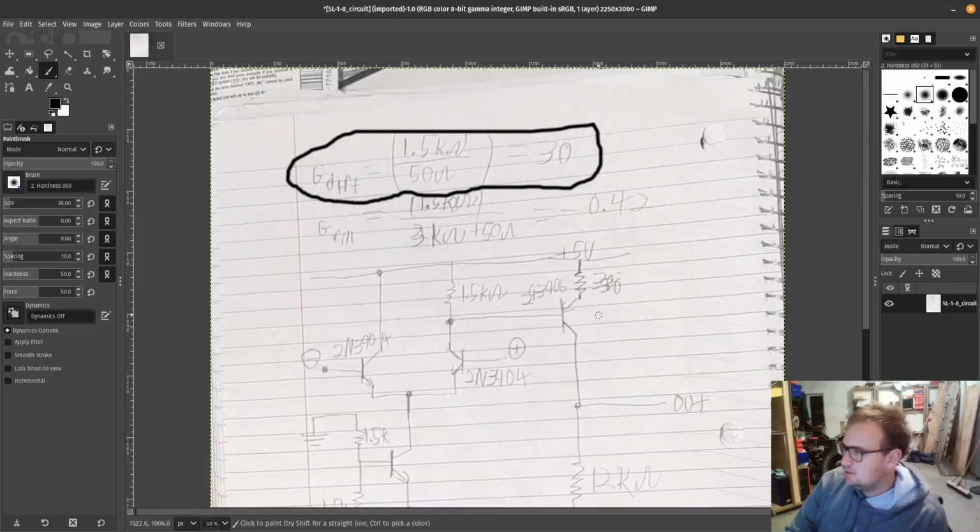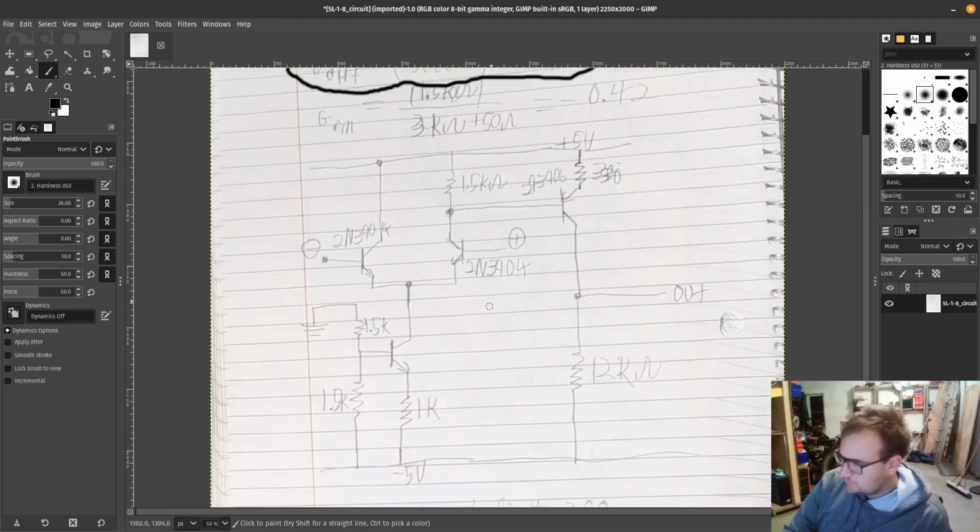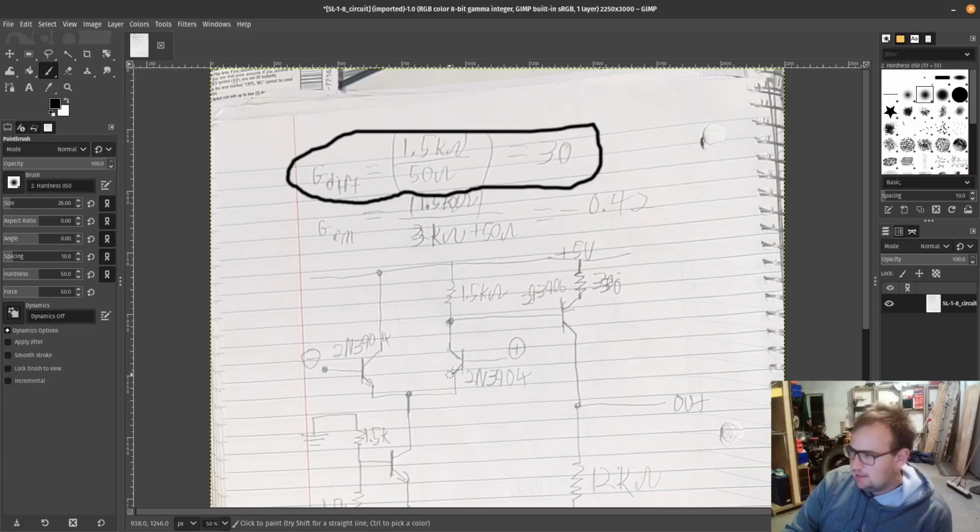The reason I did that is that I said this would have a 50 ohm emitter resistor, like little re. I just sort of guesstimated on it. So that's how I got there.